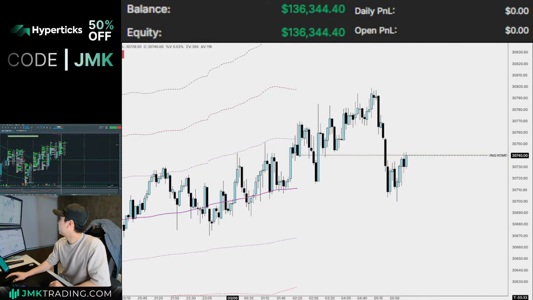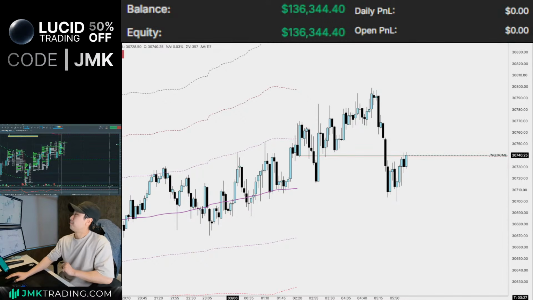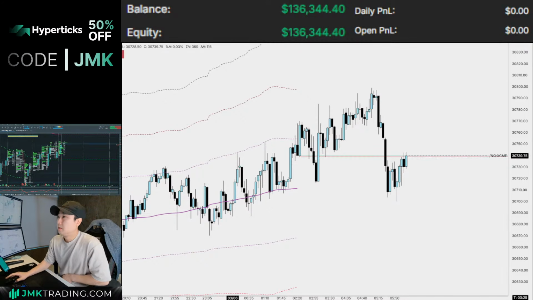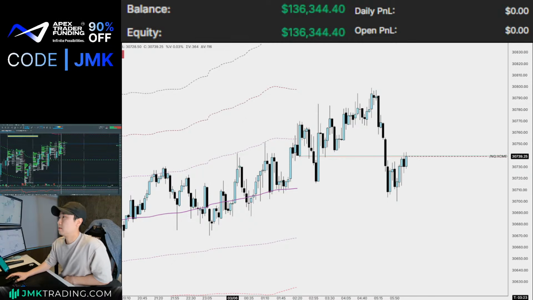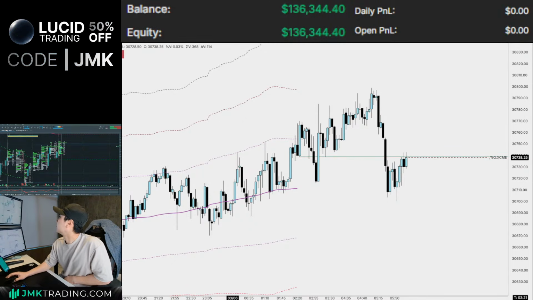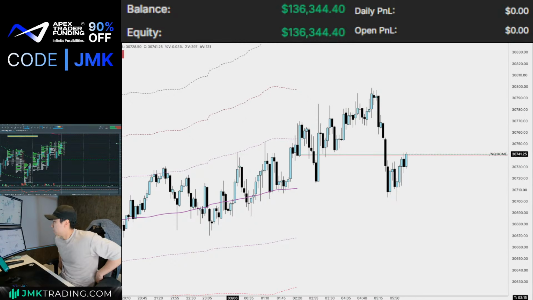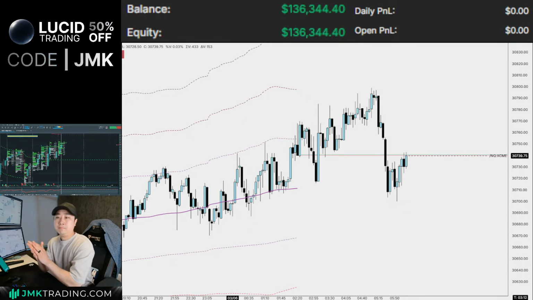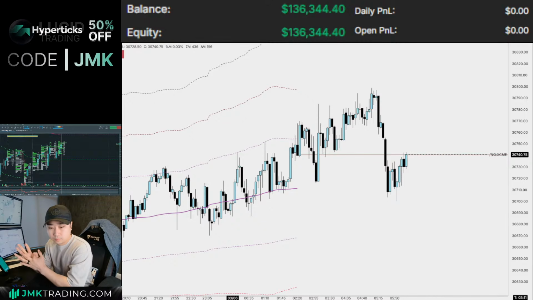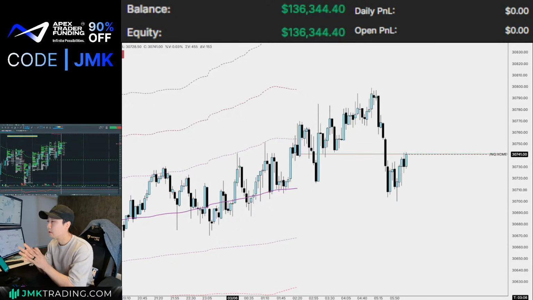I am short biased today, but it's a pretty dangerous market to be short biased in. So if anything, size down on your shorts and size up on your longs. I used to trade a lot of Forex before this.